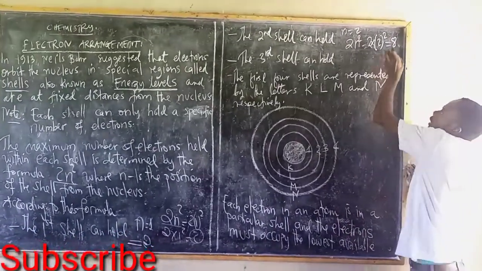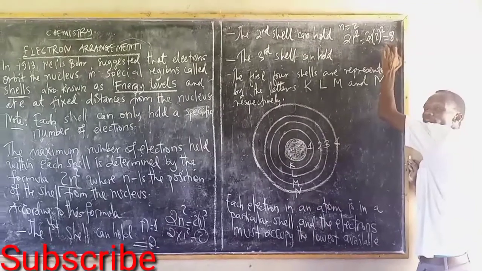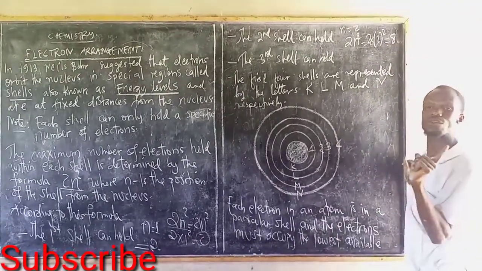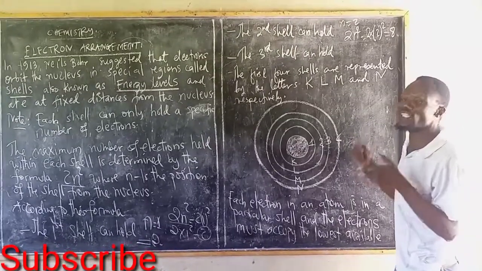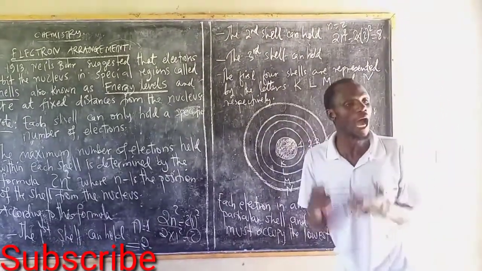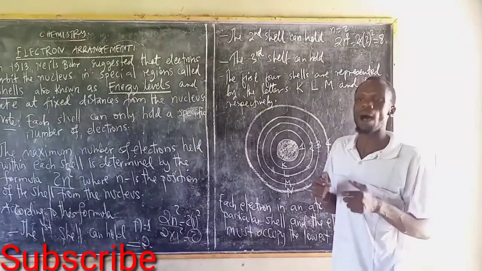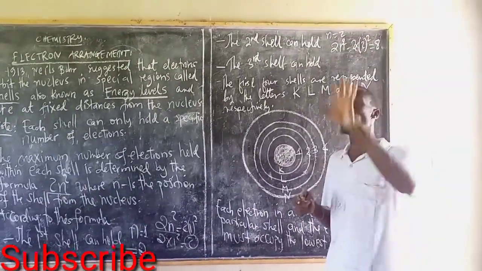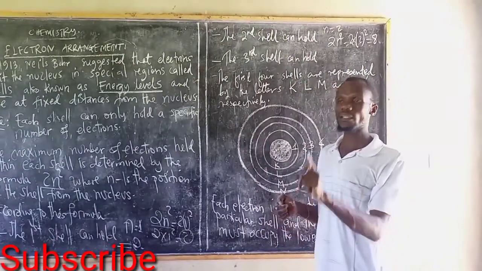It must be not more than 8 electrons, but it may be less than 8. That is the capacity of the second shell: the maximum is 8, it may be less than 8, but not greater than 8.